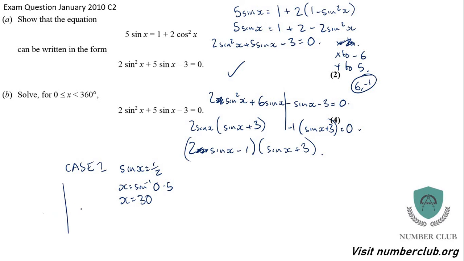And then we'll use CAST, 30, and so the other will be 150. Case 2, sine of x would need to equal negative 3. No solutions generated.